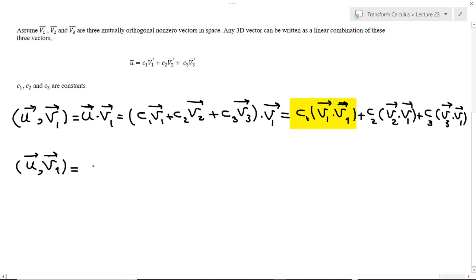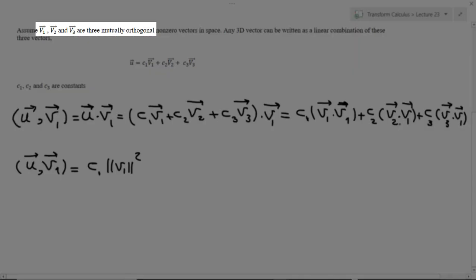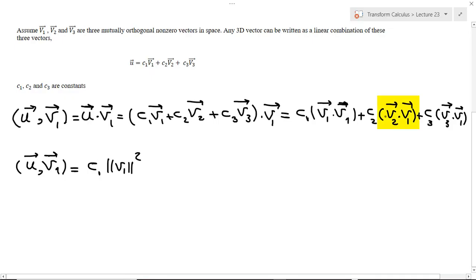So we have C1, and V1 dot V1 is the magnitude of V1 squared, plus C2 times V2 dot V1. We know that V2 is perpendicular to V1, based on the definition, since we have three mutually orthogonal vectors. As a result, V1 and V2 are orthogonal. So we know that the inner product of orthogonal vectors is equal to 0.